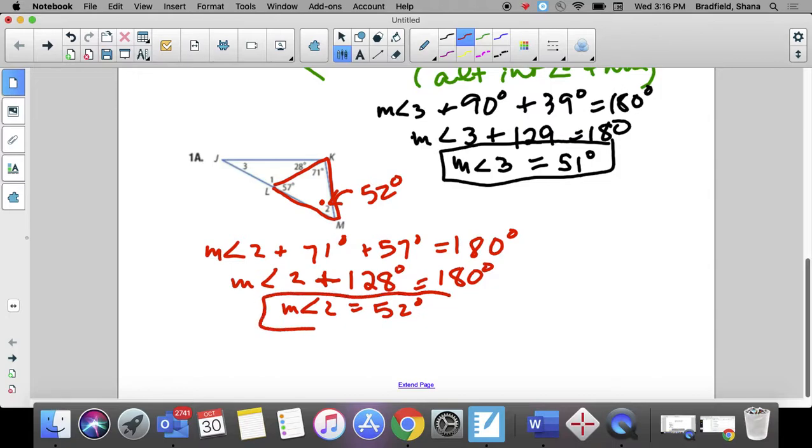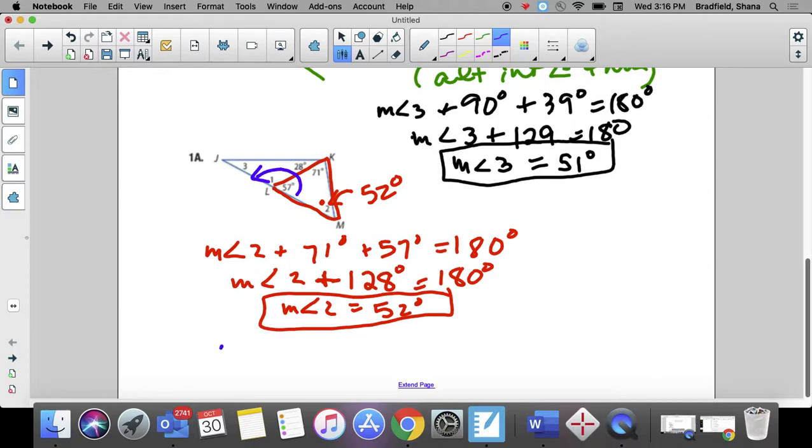Okay, and then I have also angle 1 and angle 3. Well, although they're part of triangle JKL, I only know one other angle, so I'm going to have to go a different route. I see that I have a linear pair here. The 57-degree angle and angle 1 are a linear pair, and according to the supplement theorem, they have to add up to 180.